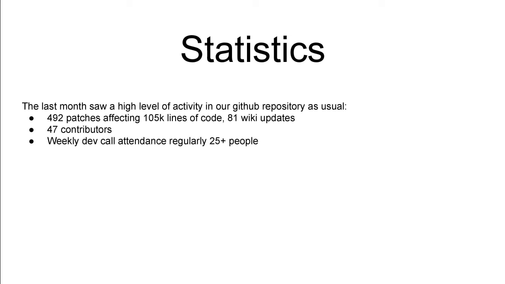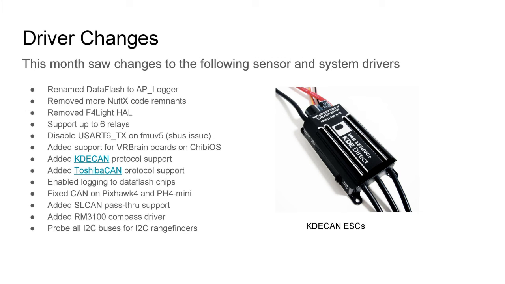All right, so let's go on to page 3 on the report, which is driver changes. We had a big rename of the data flash subsystem to AP Logger. That was actually motivated because we were adding back in classic data flash support, and so it was rather strange to be adding a data flash driver.